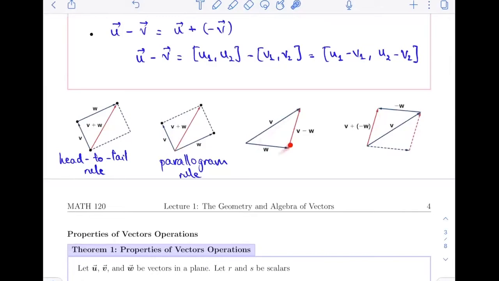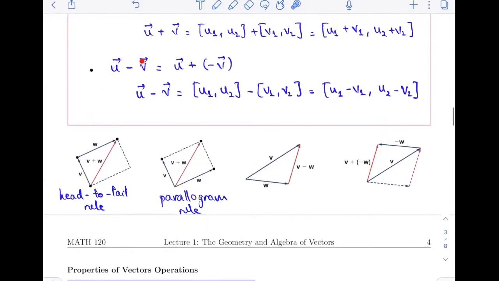The last two pictures can be done using vector subtractions. And again, the idea of vector subtraction is that you use vector additions. The idea is that you add the two vectors together, but one of the vectors is in the opposite direction of the original vector. So here again, if you have u minus v, then you do vector addition with v having the opposite direction of the original vector.